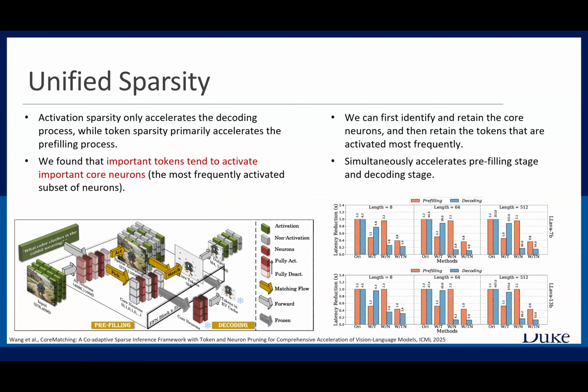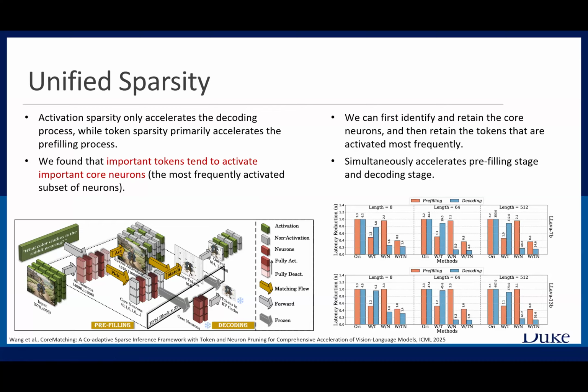Well, so far I have basically discussed activation sparsity and token sparsity separately. But if you work in this domain, one observation, in fact, is that activation sparsity and token sparsity naturally interact. And this is also from our work on core matching. What we find is that important tokens tend to activate important core neurons.